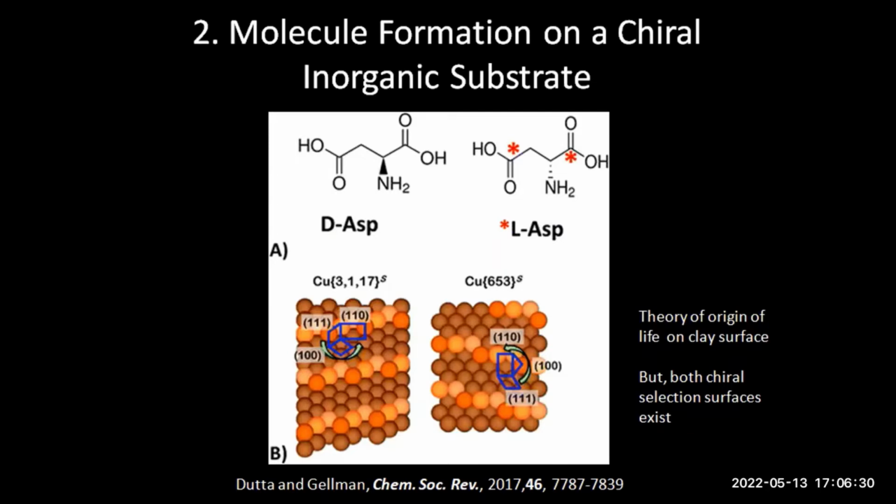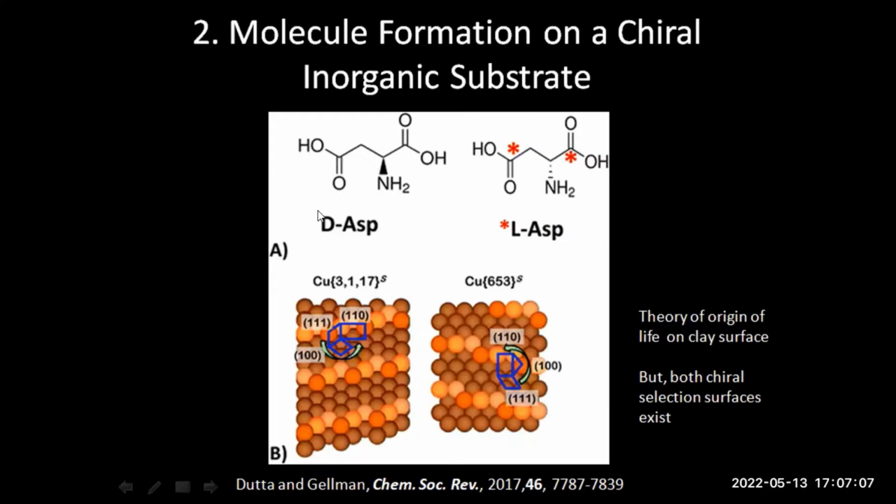There's another one, which is that there could be a production of this chirality if the fundamental molecules of life originated on a clay surface, which had its own chirality, or not necessarily its own chirality, but a structure such that right or left-handed amino acids would have a different affinity to the surface.